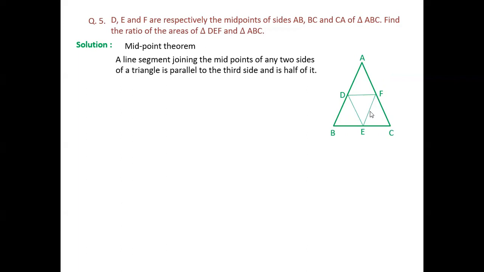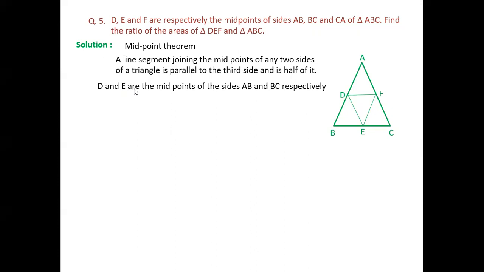So a line segment which is joining the midpoints of two sides of a triangle is parallel to the third side, and its length will be half of the third side. So this side is parallel to this and it is half of this. This is parallel to this side and it is half of it. Okay. So we are using this concept.